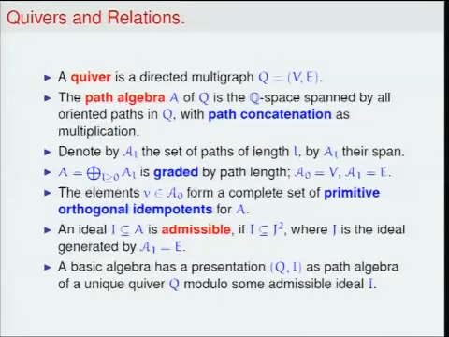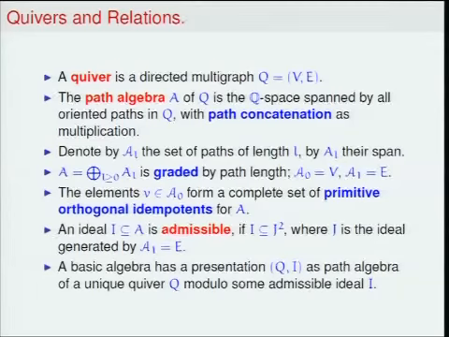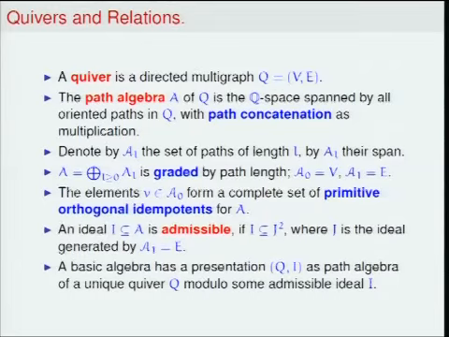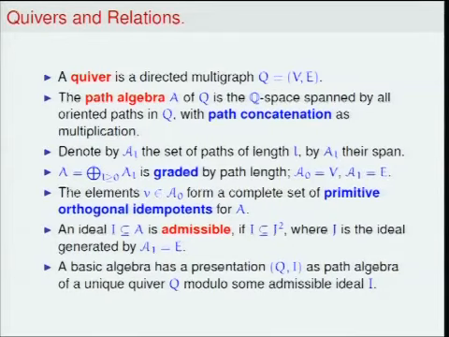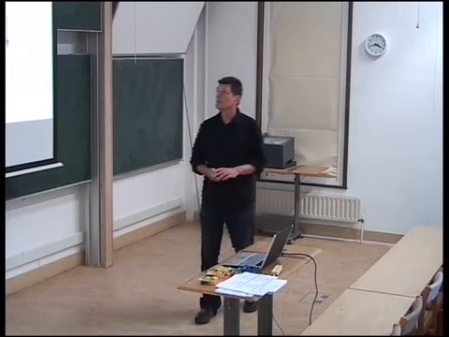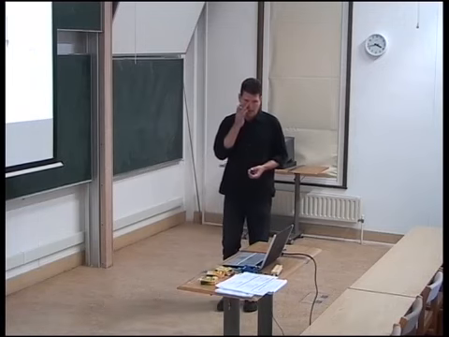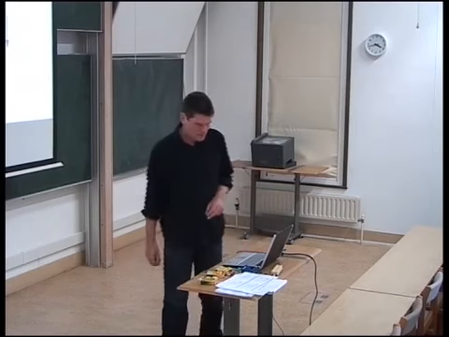That is a presentation as a path algebra of a uniquely determined quiver modulo some admissible ideal I. Now the quiver is uniquely determined by the algebra, but the ideal or the relations that you write down have some degree of freedom. So that's what I'm aiming at for the descent algebra.